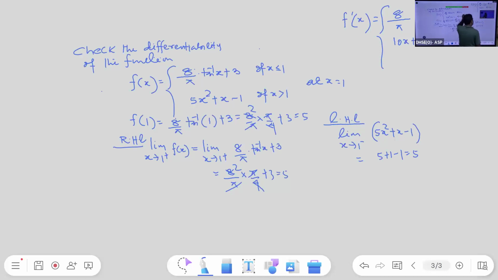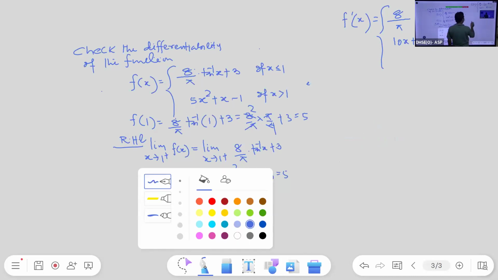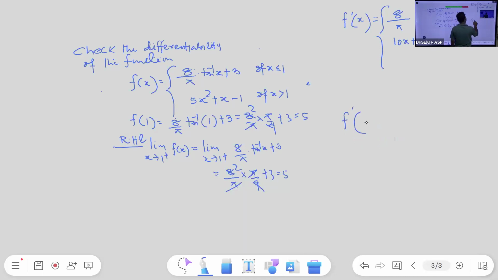Okay. So when x approaching to 1, f dash 1 minus equals 8 by pi into, when x approaching to 1, x square approaching to 1, so 1 upon 1 plus 1, this is equal to 4 by pi.